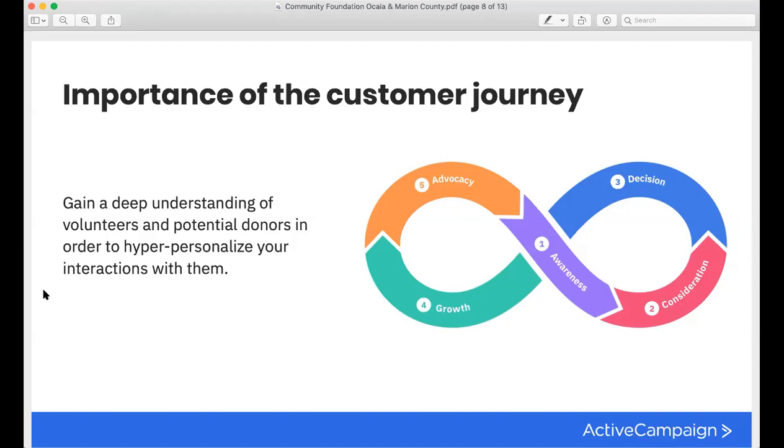So, someone who's maybe donated with you multiple times, we want to treat a little bit differently than somebody who is just in the awareness stage and maybe just came to your website and just subscribed with you. So we can get very hyper personalized with your interactions through ActiveCampaign, and I'll show you that through the demo.